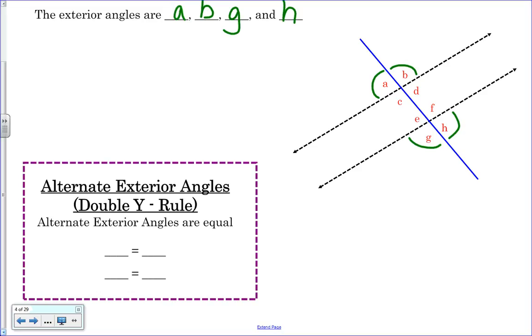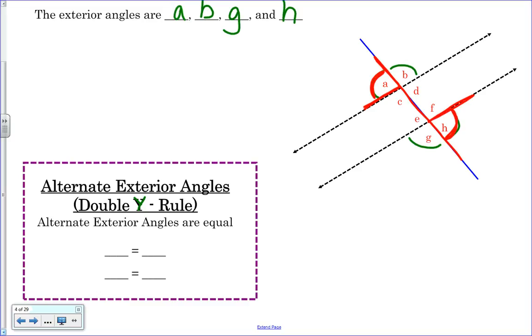Now you kind of have to use your imagination here for a double Y, but we all know what a Y looks like. Okay, so we're going to look for a Y in our parallel lines and transversal. So kind of follow along with me here. Everybody kind of see that Y there? And a double Y means that I've got this angle A, and the other Y is going to be right here.